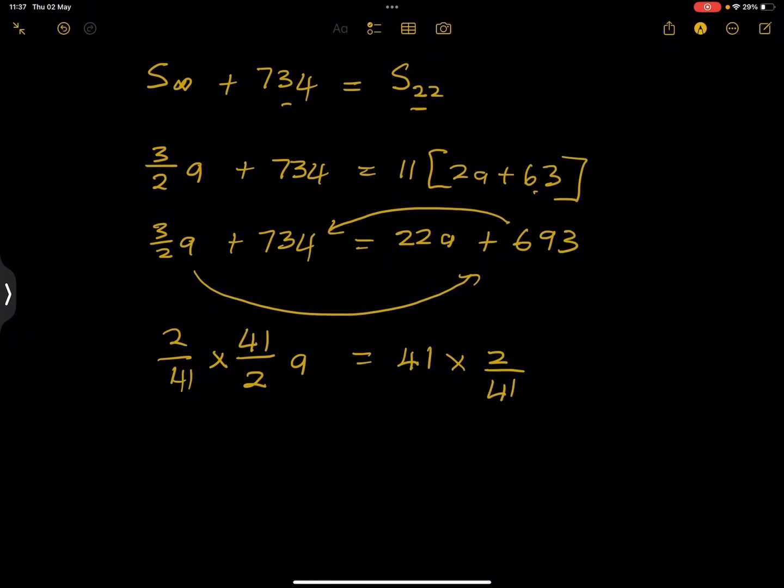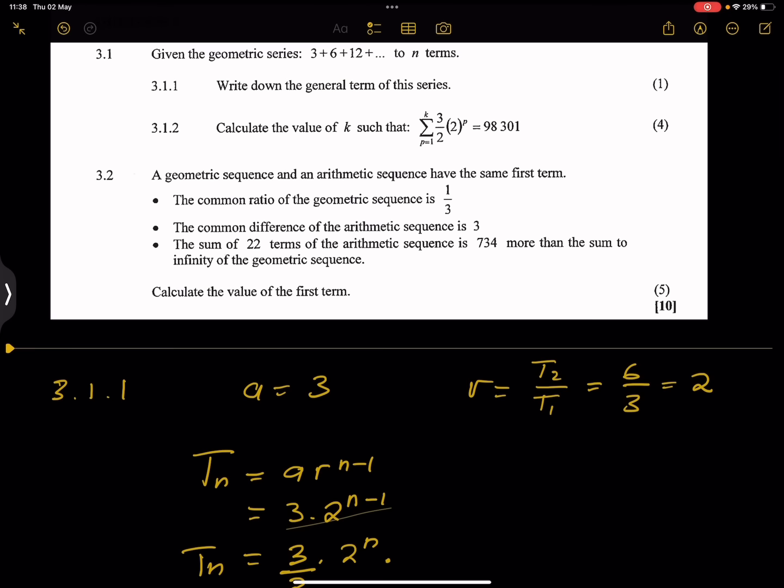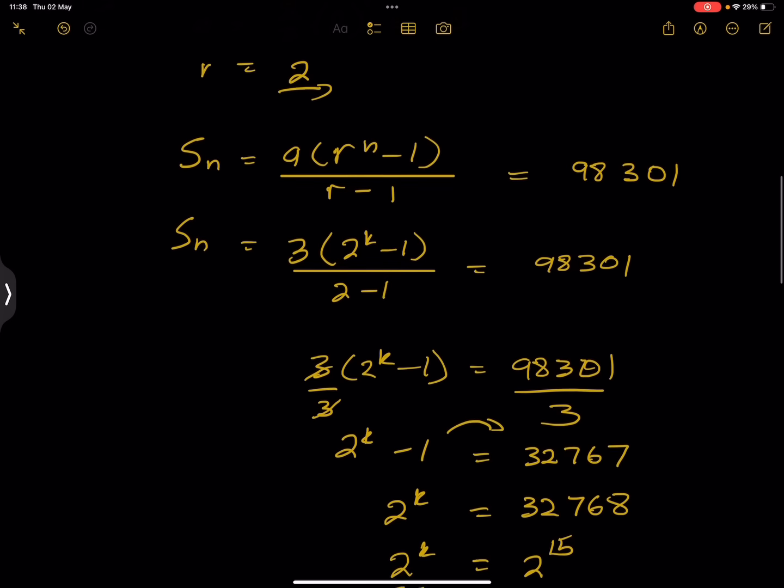What I do on the left, I do on the right, and everything cancels out. So a will be equal to 2. That is how I get my a value. They said calculate the value of the first term, and I did exactly that. Ladies and gents, that is how the cookie crumbles in this section.